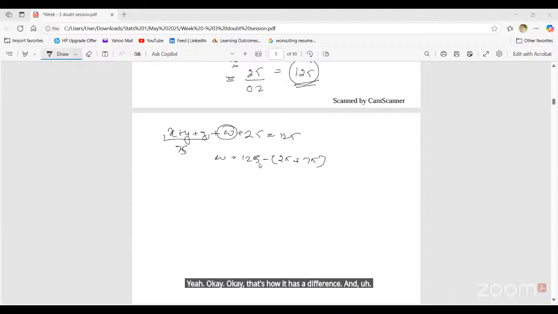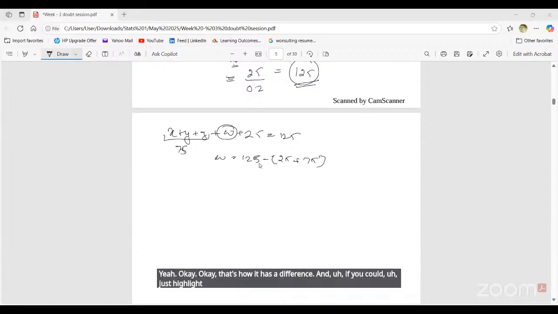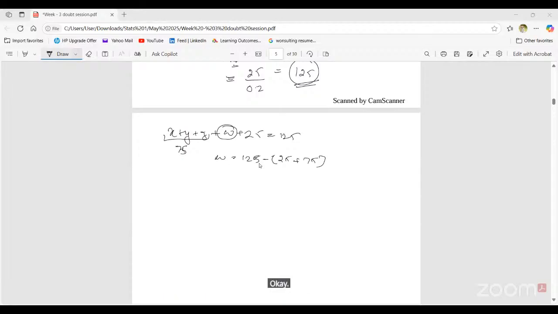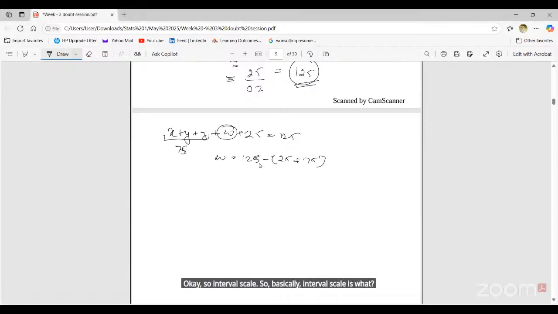And if you could just highlight the difference between interval scale and ratio scale, a bit confusing for me, that would be helpful. Okay, so interval scale is the one in which the numbers are in order, but they have a difference in a fixed unit. This is the main thing.